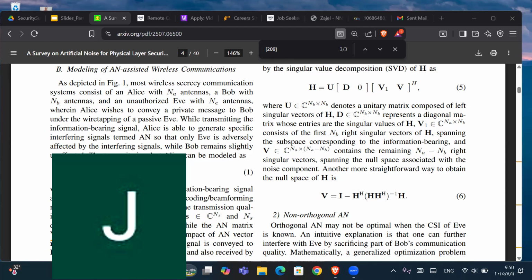So the dimension of V is the number of antennas at Alice multiplied by the difference between the number of antennas at Alice and the number of antennas at Bob. For example, if Alice has 4 antennas and Bob has 2 antennas, then what's the dimension of V? It's going to be a matrix of size 4 by 2.